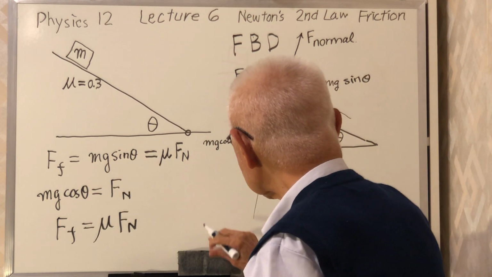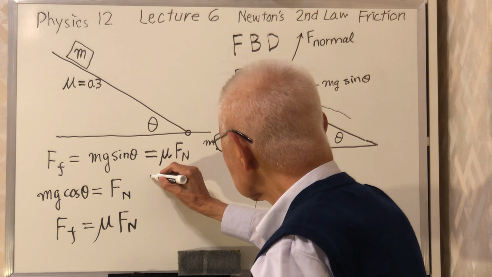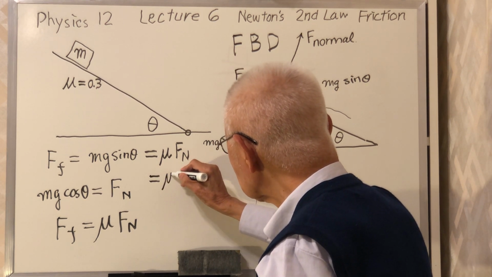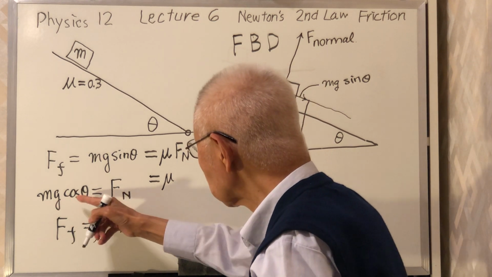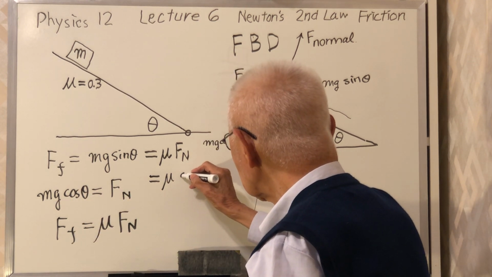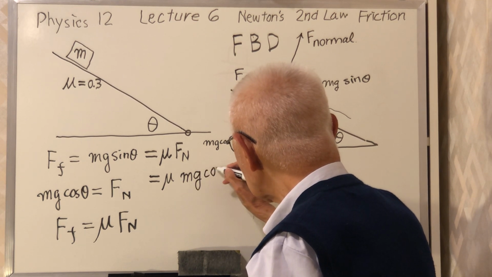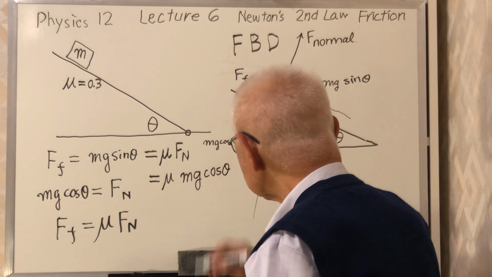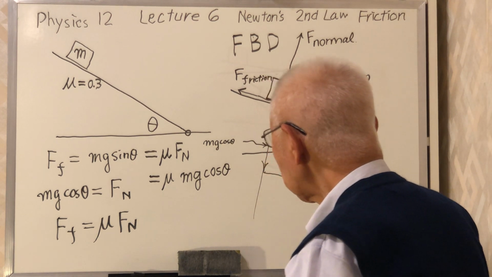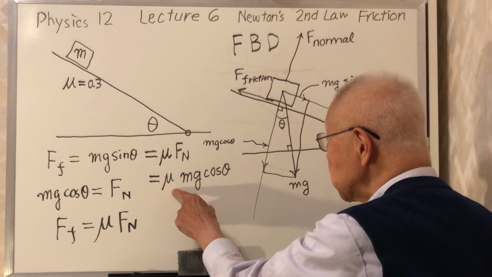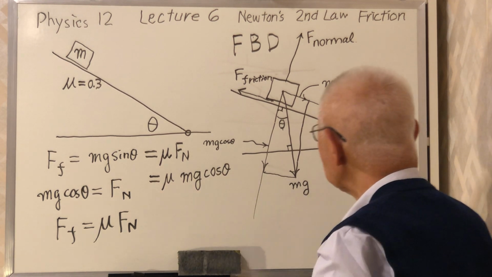So let's continue my equal sign. Mu Fn is mg cosine theta. Therefore, what I have is mg sine theta equals mu mg cosine theta.